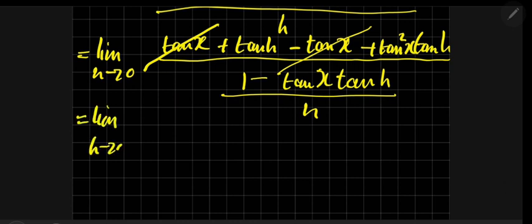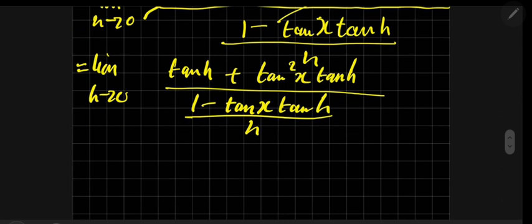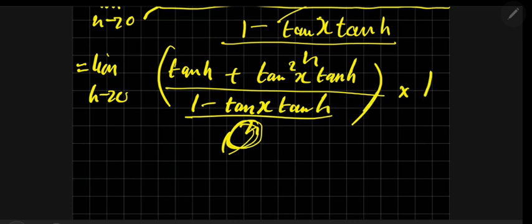The limit as h is approaching 0, we're left with tan h on top there, plus tan squared of x multiplied by tan h, divided by 1 minus tan x multiplied by tan h, all divided by h. So we know that dividing this expression by h is the same as multiplying this top fraction by 1 over h.